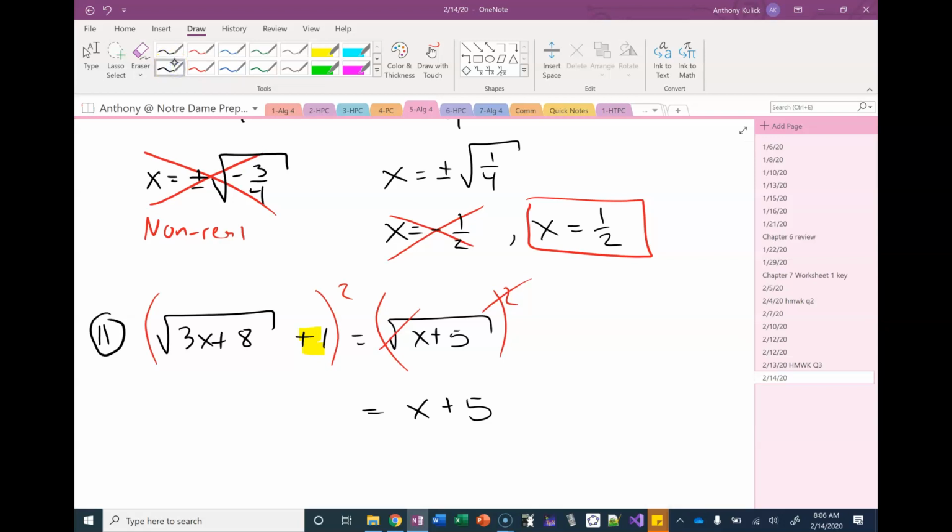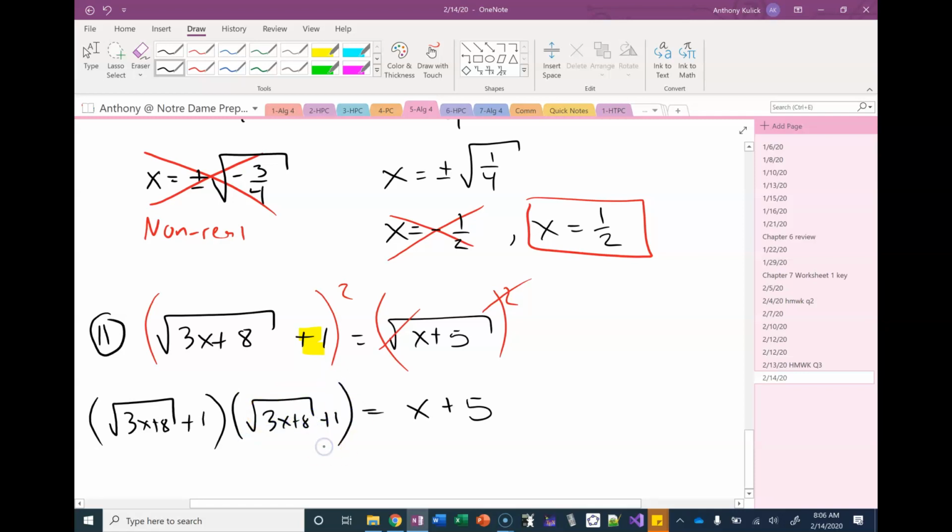So what are we going to have to do to square the left-hand side? Here we have to FOIL. So I'm going to write this like a FOIL problem. Okay with that, Nick? Yeah. Okay.